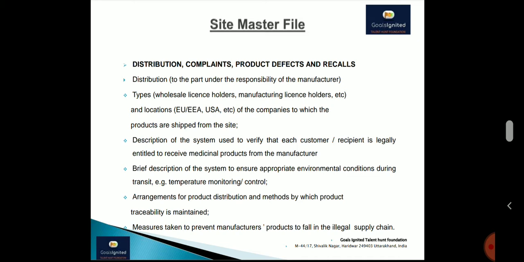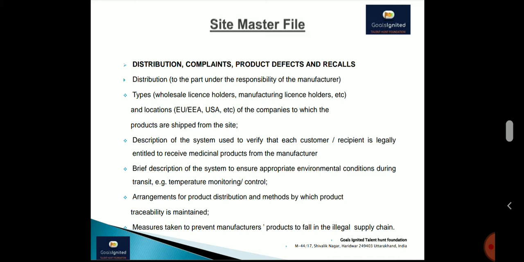These policies are taken as a reference for the site master file, duly acknowledged by the top management and the owner of the company, that these are the fundamental policies which we are following, and we are working and supplying medicines to the market for human use.